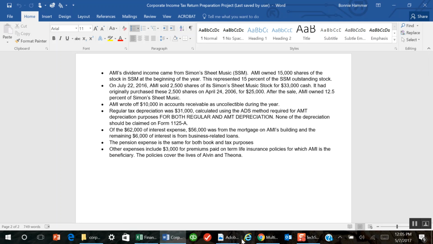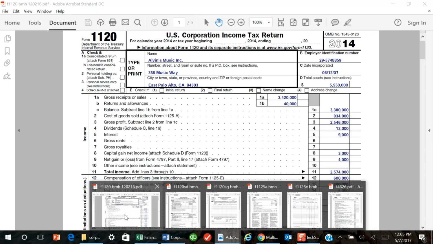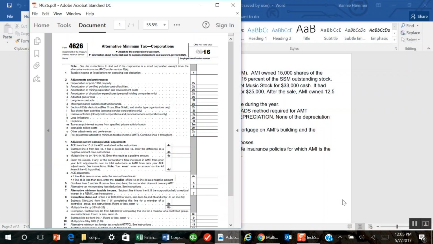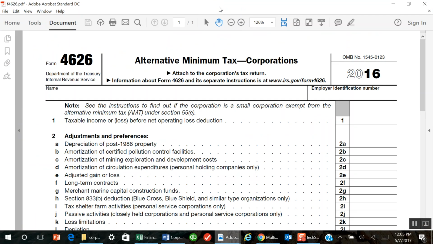So when you do the form 4626, you should not have anything on line 2A. Many of you did. This is only for differences between regular and AMT depreciation. And I told you in the facts we don't have any differences. So you shouldn't have put anything here.